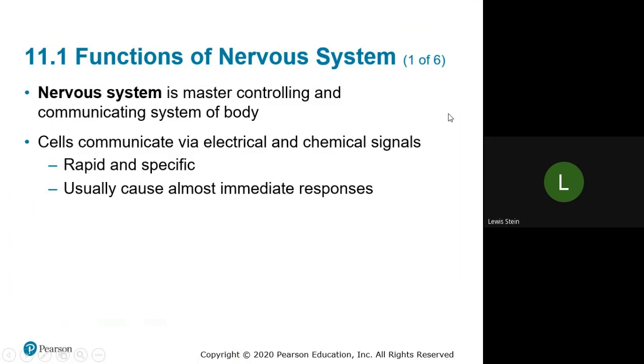It's certainly the master controlling system, master communicating system, and it's all about rapid. And I say it time and time again, it's an electrical system that basically does most of its in between, communicating with each other and with organs by way of chemicals. There are a lot of direct electrical connections as well.